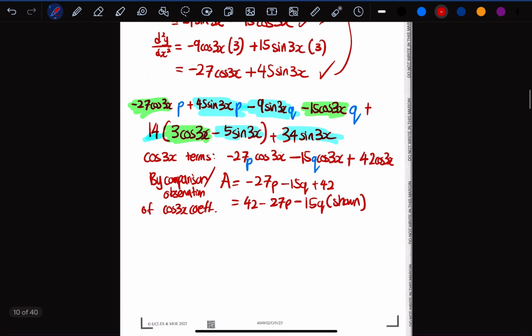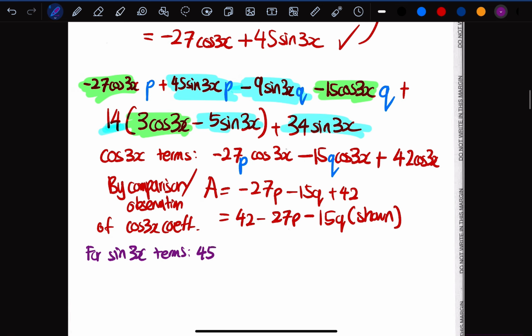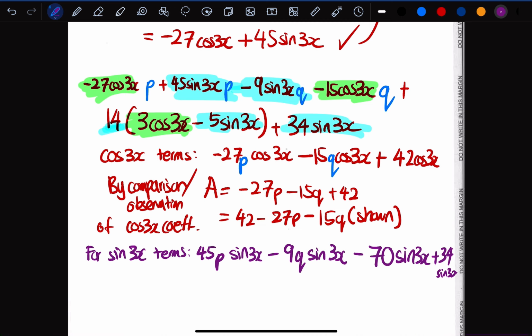So for sine 3x, I'm just going to use a different color. For sine 3x terms, we can tell it is 45p, I'm going to write the p in front this time, sine 3x minus 9q sine 3x minus 14 times 5, we get 70, and it's negative 70 sine 3x plus 34 sine 3x.